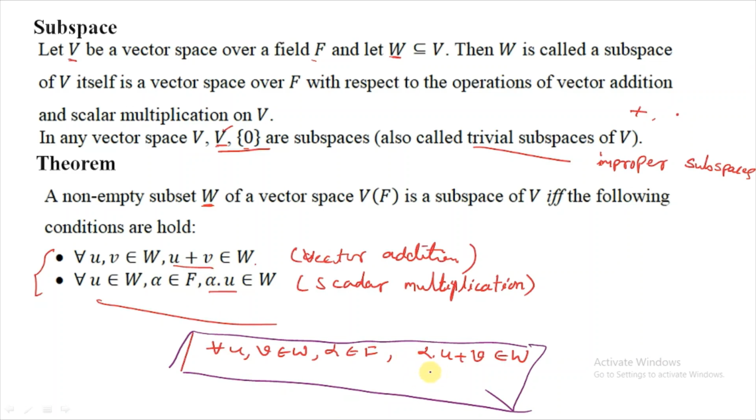Alpha dot u means scalar multiplication. As discussed last class, when you multiply a vector with a scalar, again we get a vector.